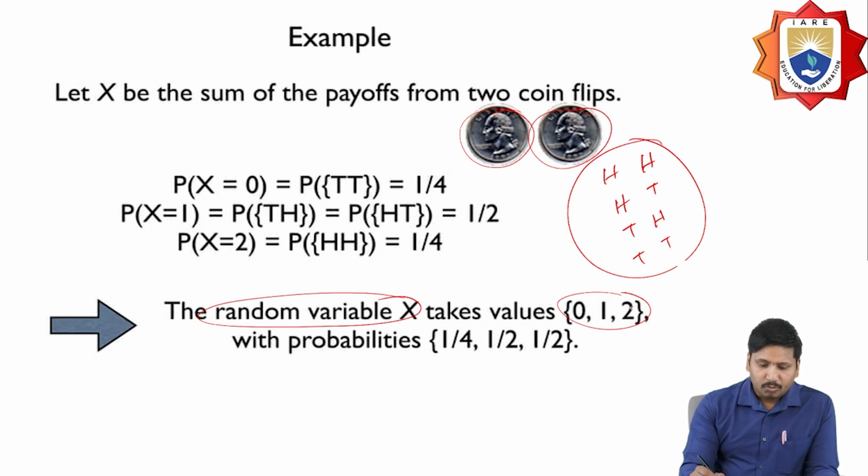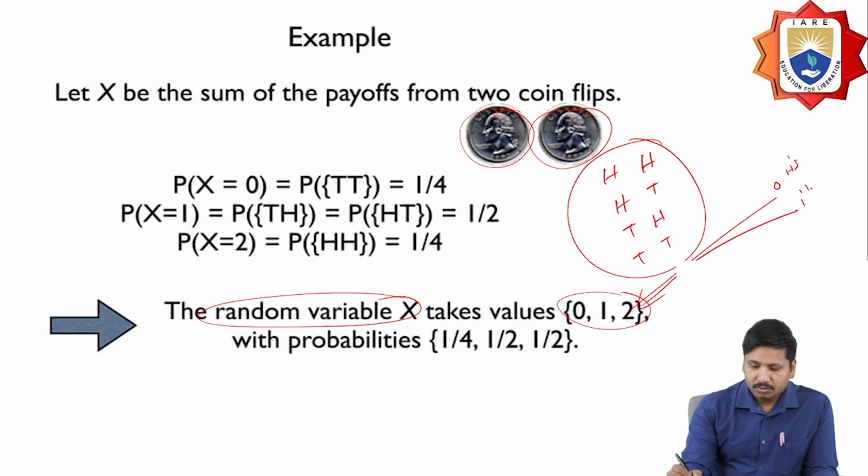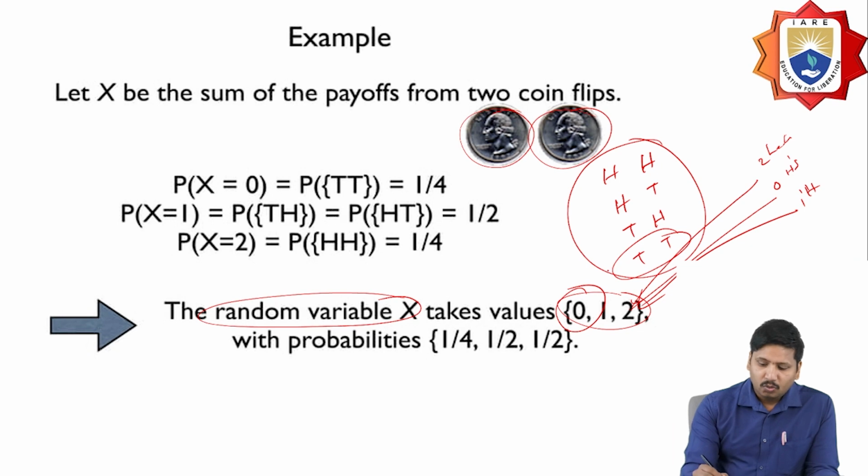That means the probability of getting 0 heads, one head, and two heads. Suppose what is the probability of getting 0 heads, that means only two tails, then it is one event out of four outcomes, so that is 1 by 4.